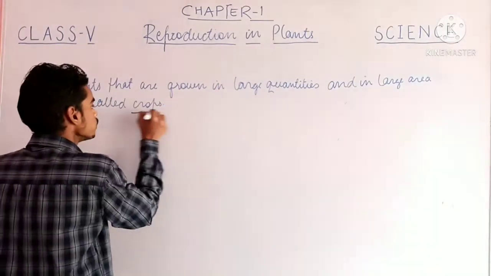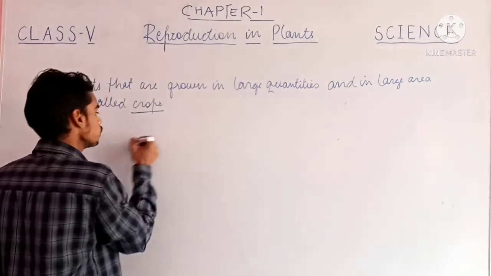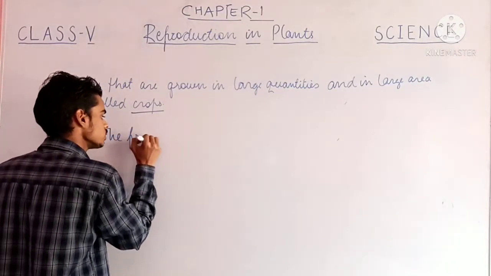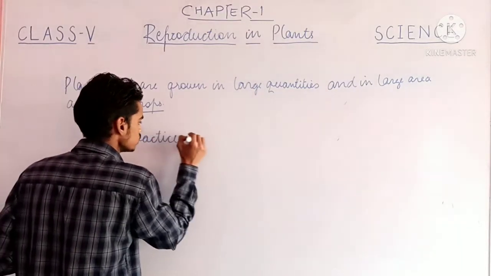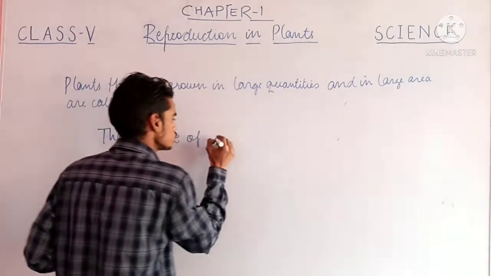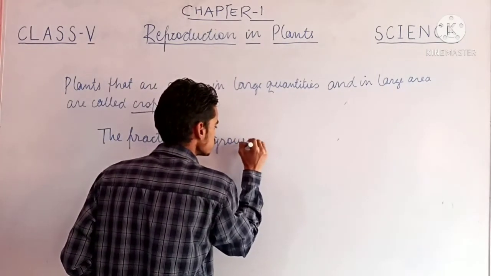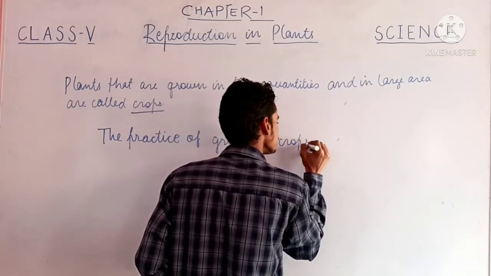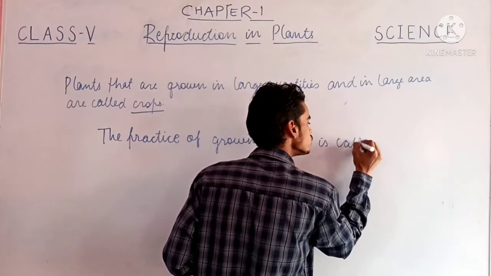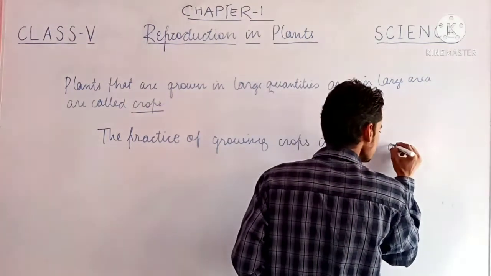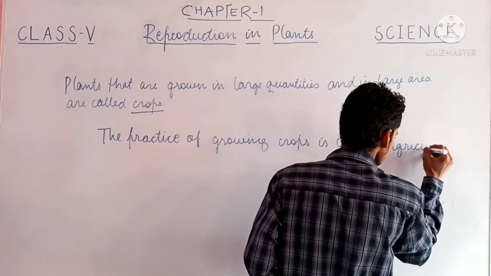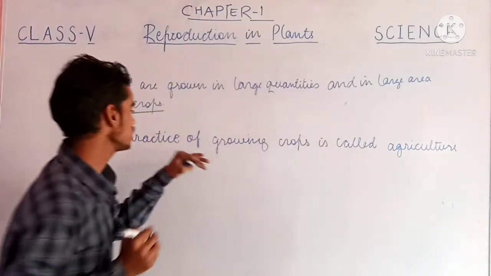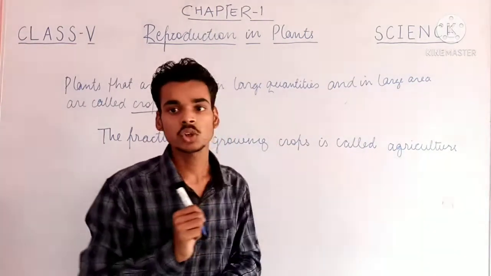The practice of growing crops is called agriculture. Agriculture is the practice of growing crops.